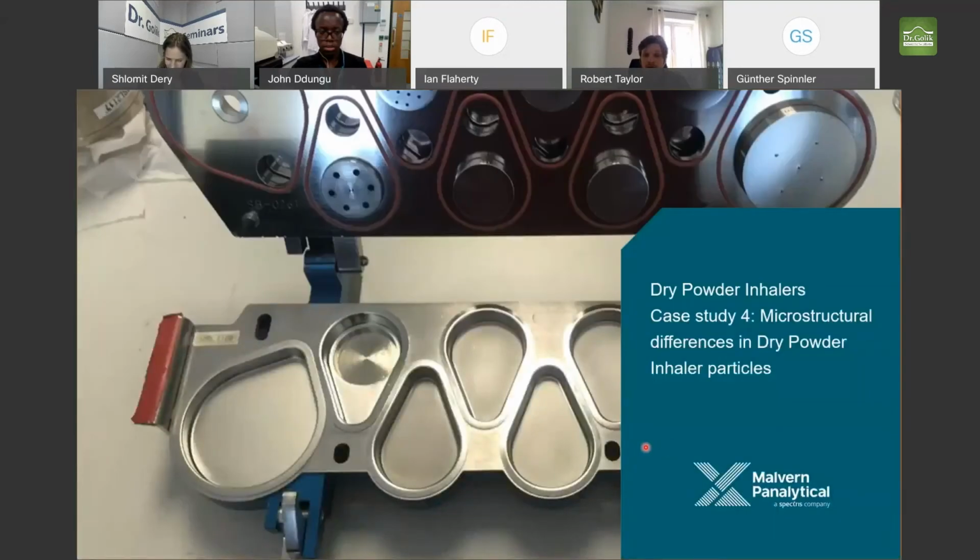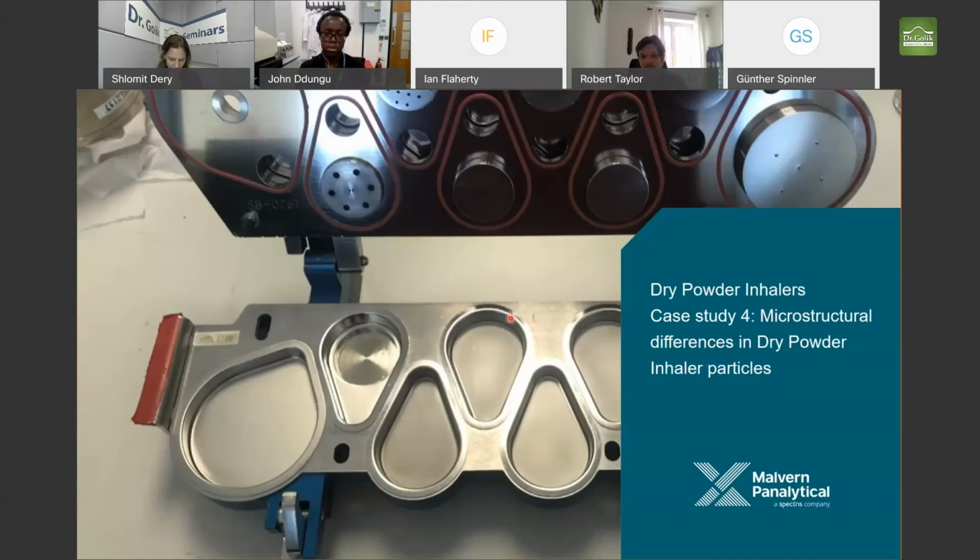Okay, so going back onto the MDRS technique now, again on DPIs, and this is actually looking at the performance of the next generation impactor. For those of you who are not familiar with an NGI, essentially you aspirate the device through this. There's a vacuum being pulled, and the plume gets pulled through these various stages, and you can see that there are different size holes there for which the particles can flow through.